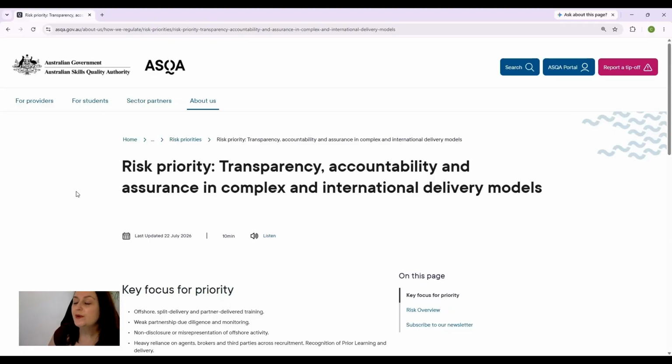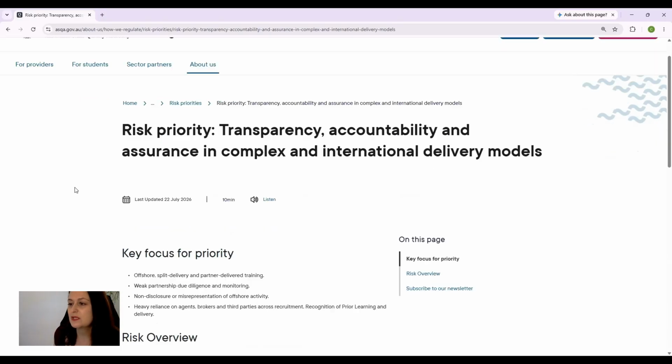So, let's jump into today's risk priority. In this video, we're going to be focusing on the risk priority, transparency, accountability, and assurance in complex and international delivery models.